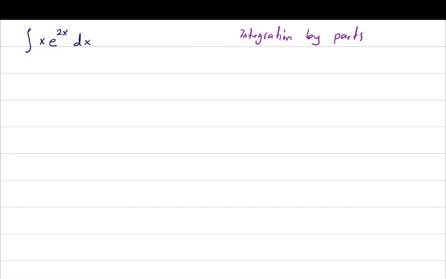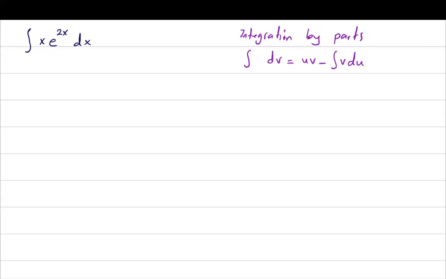Remember that the integral of u dv is written as uv minus the integral of v du. So we're going to make a good choice for u and dv and then try to simplify this as much as we can.